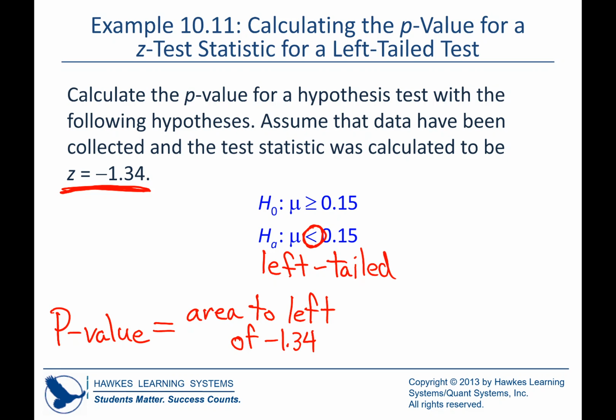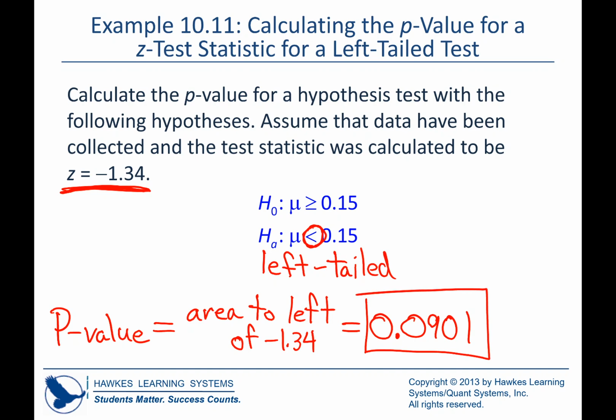So if we look up negative 1.34, what area do you find? 0.0901. That is the p-value of our test statistic.